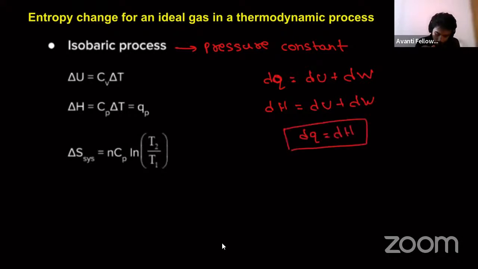Okay. Apart from this, at constant pressure the work done is also neglected here, and we are going to write it as delta S system is equal to nCp ln T2 by T1. Okay, not a big difference.